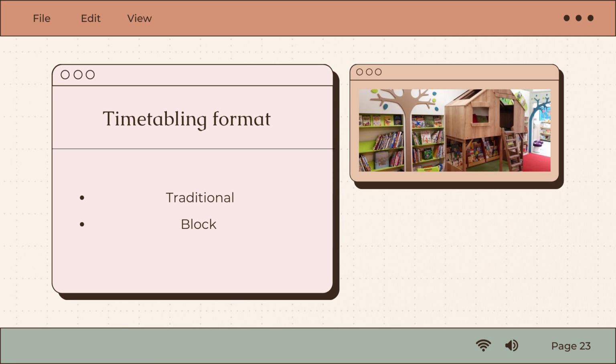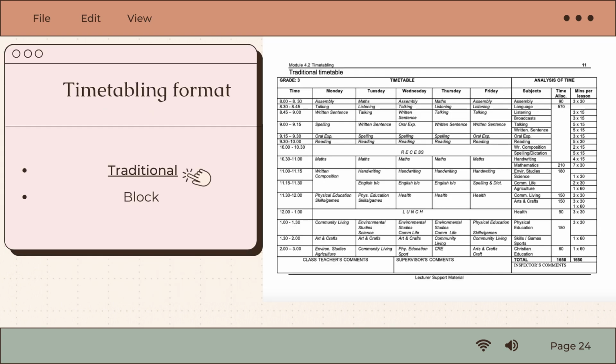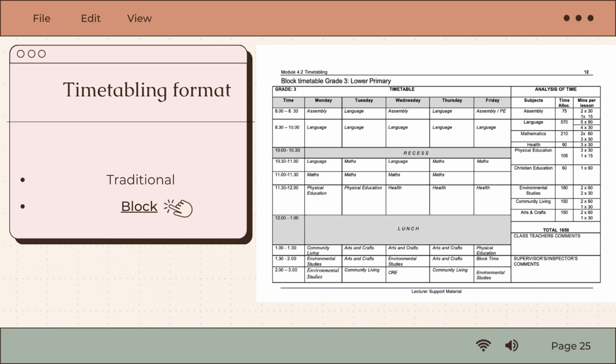So ang block timetable naman are allowed for thematic, integrated teaching, and it is also best suited to the new curriculum and should be used in preference to the traditional timetable format. So here are the examples of traditional nga timetabling format and kanina sad ang block nga timetabling format.